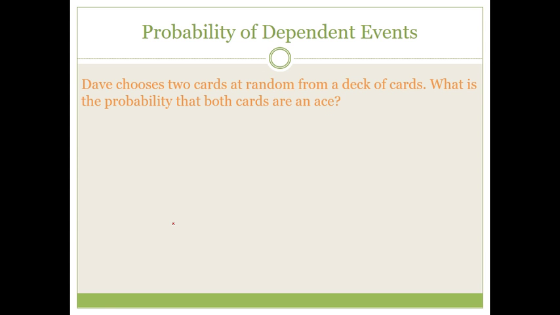So in this case, we're talking about pulling 2 cards that are both aces, and there's a total number of 4 aces in the deck, and there's a total of 52 cards total. So I'll write that down for you. 52 cards in the deck. 4 aces in the deck. So that's what you need to know to be able to solve this problem.